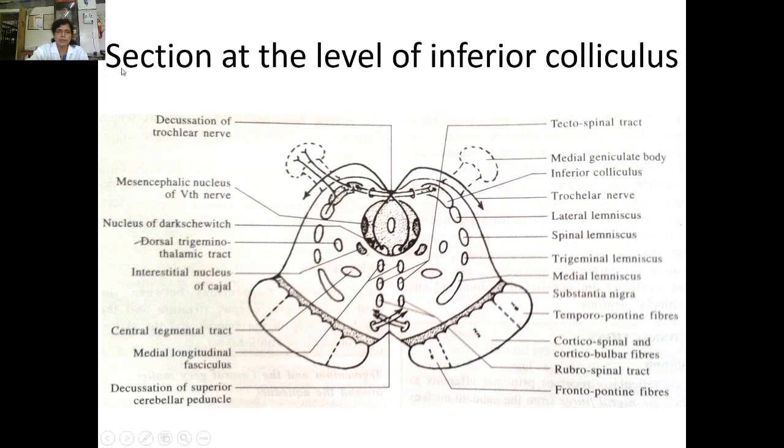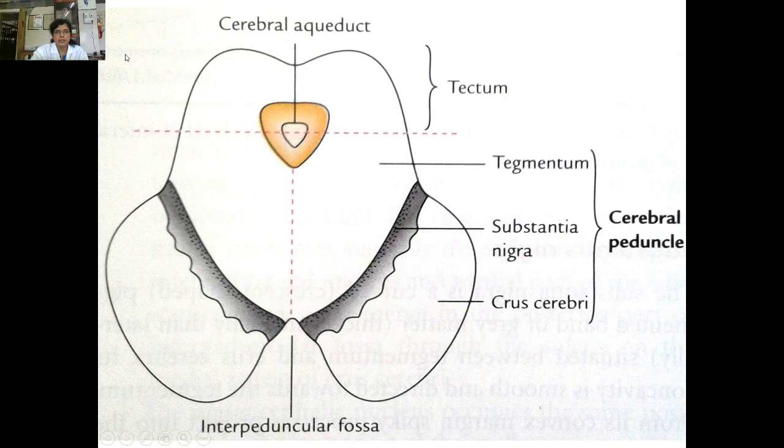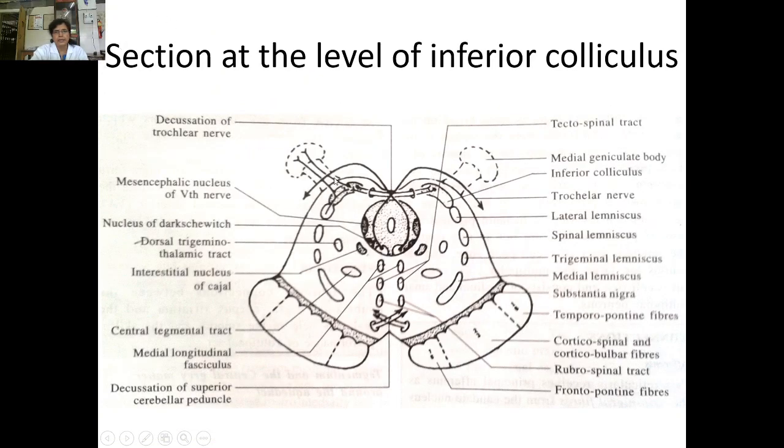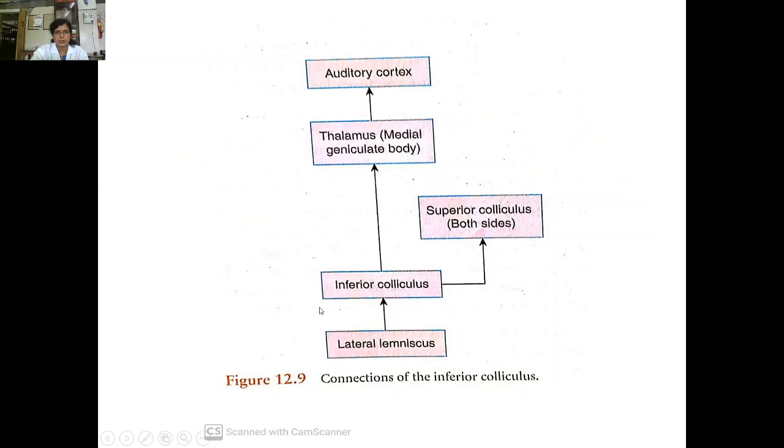The inferior colliculus is divided into the central nucleus, pericentral nucleus and the external nucleus, and the main afferents to the inferior colliculus are from the lateral lemniscus. This flow chart shows the connections of the inferior colliculus.